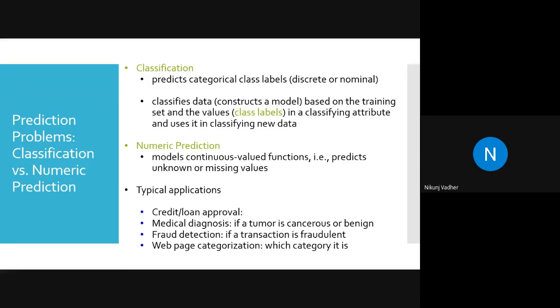In simple words, prediction algorithms can be used with classification as well, by converting categorical data into mathematical symbols. But classification algorithms we cannot use in prediction.